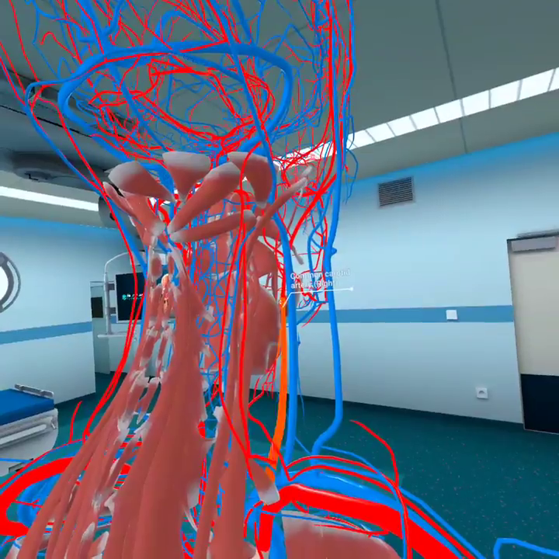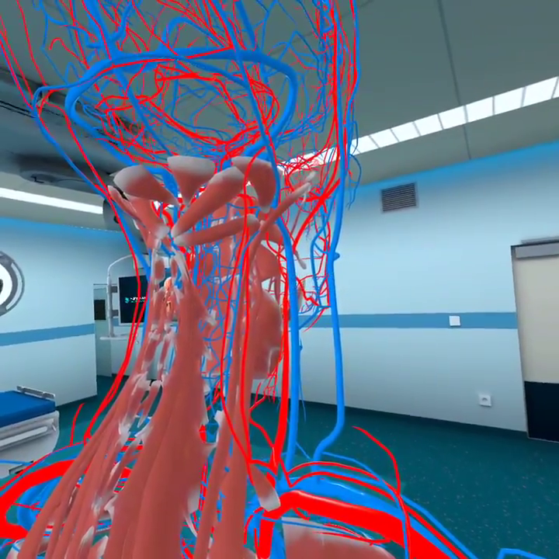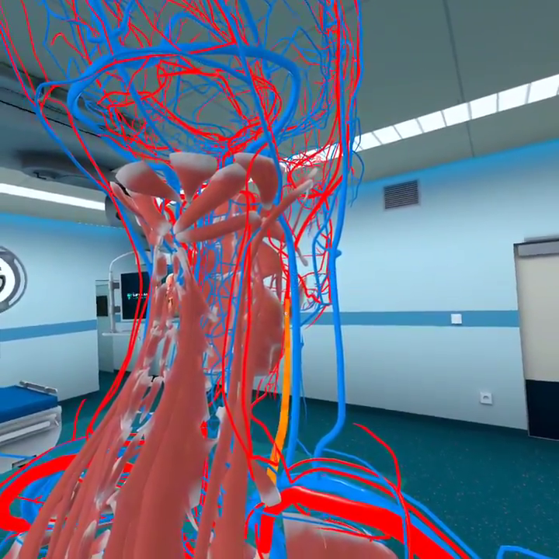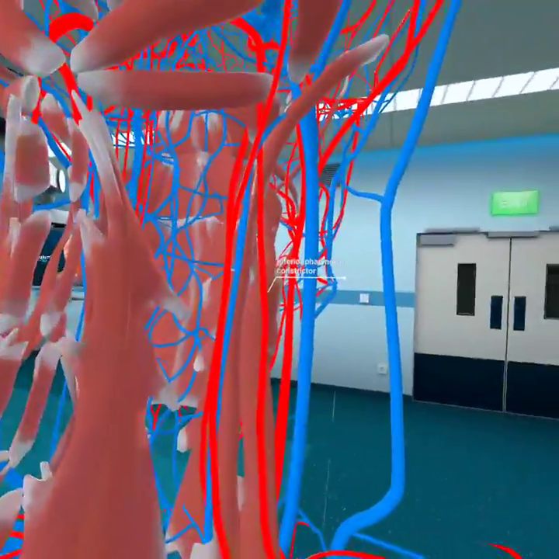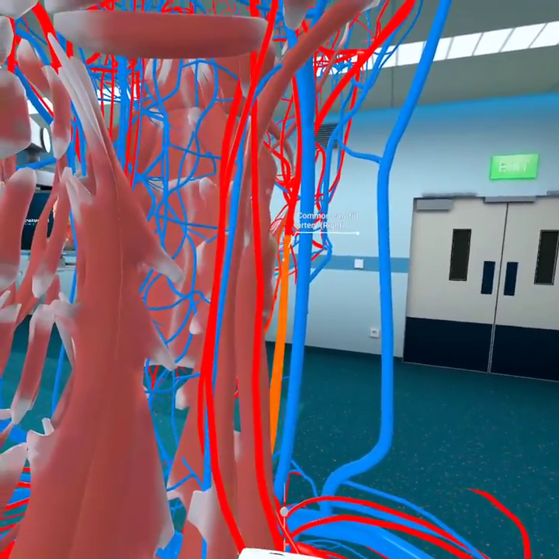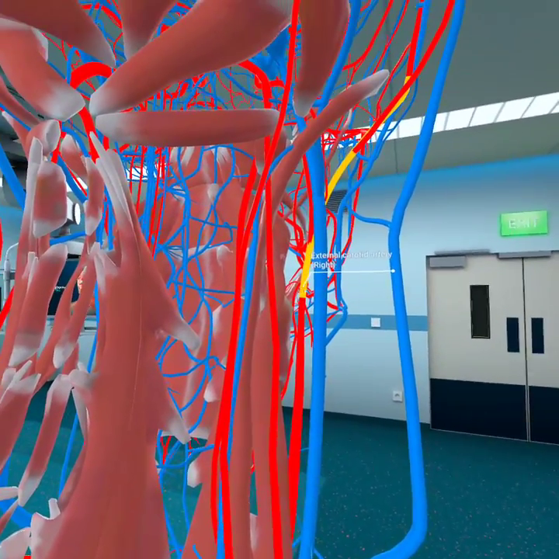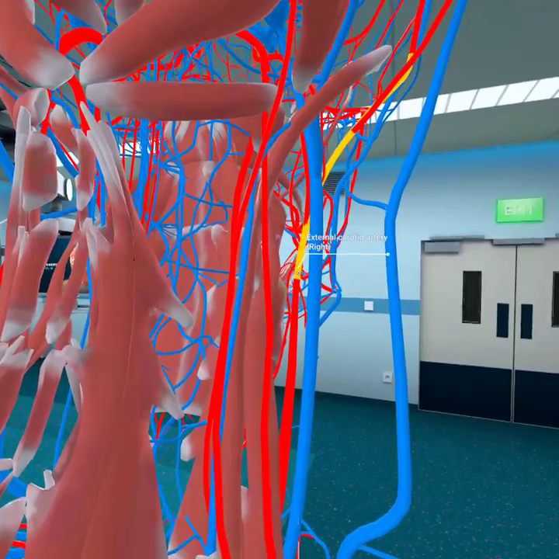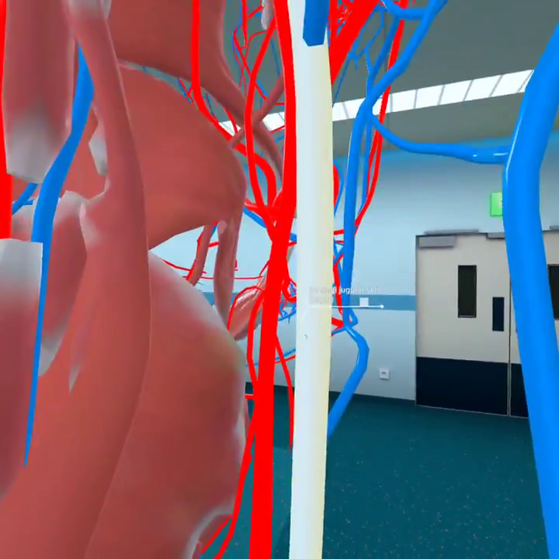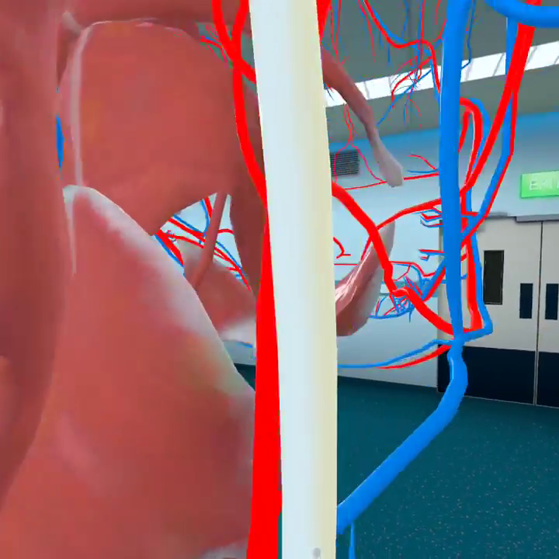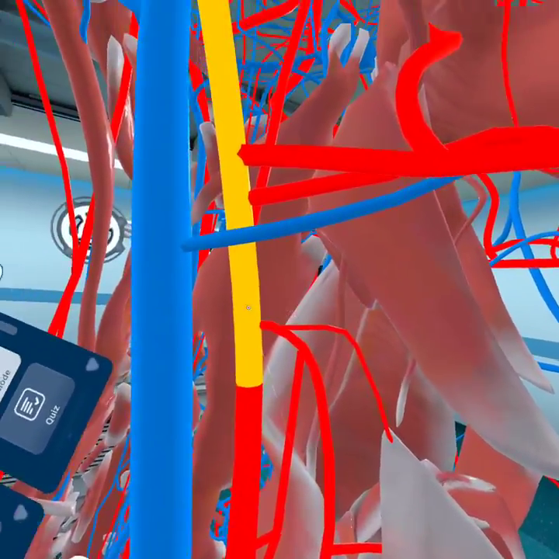So we have our superior thyroid artery, which if we go in and we look, our common carotid artery comes up, turns into the external carotid artery, and we have a branch off of the external carotid artery. Let's look at it from this angle. A branch off of it.